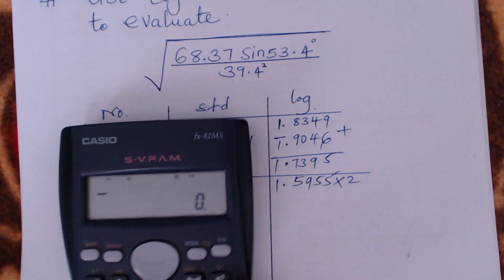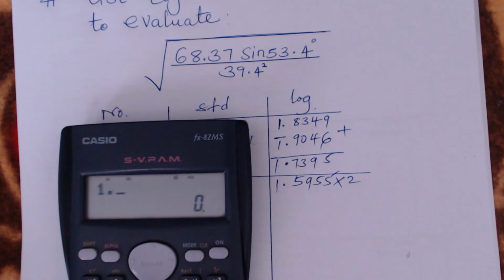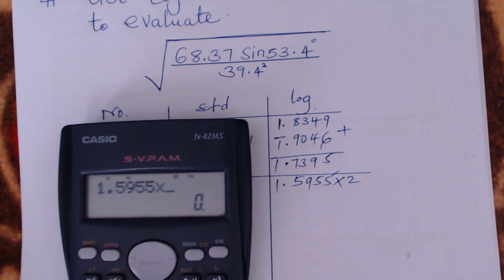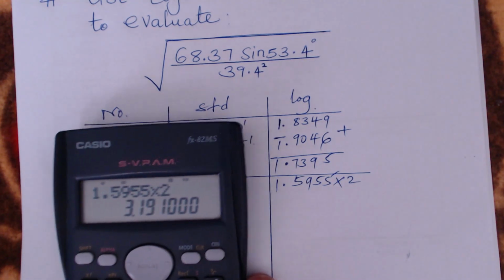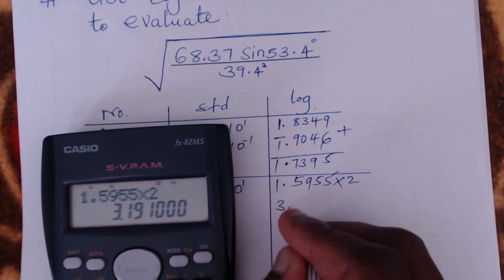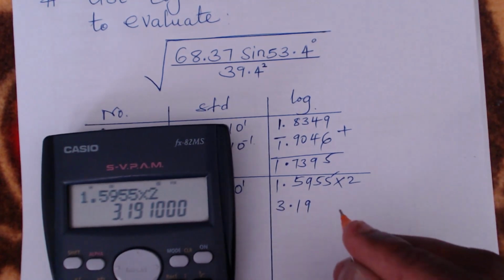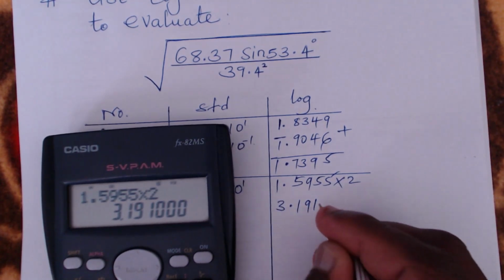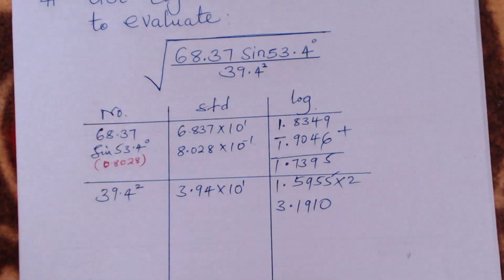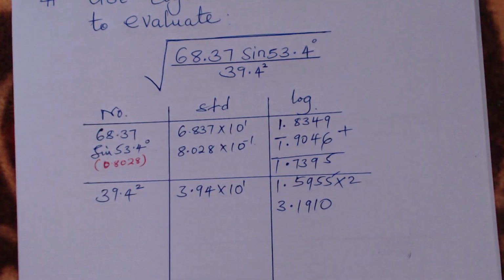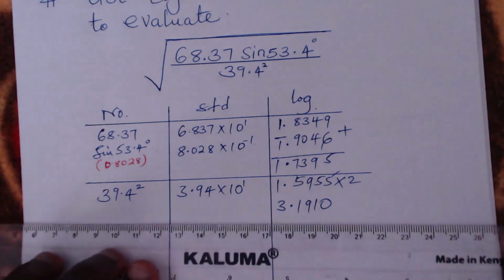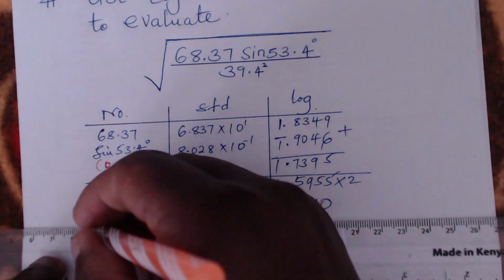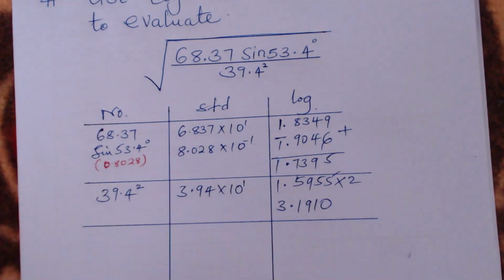You can take 1.5955, multiply by 2. You get 3.1910. So you're through with the denominator.